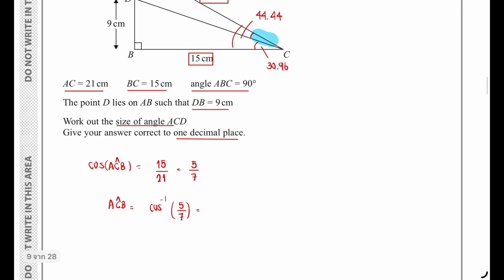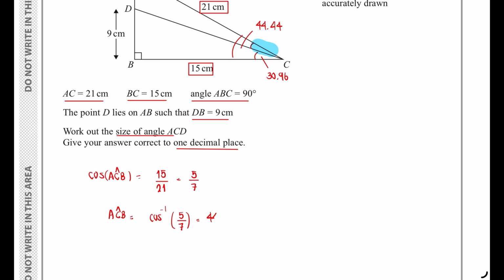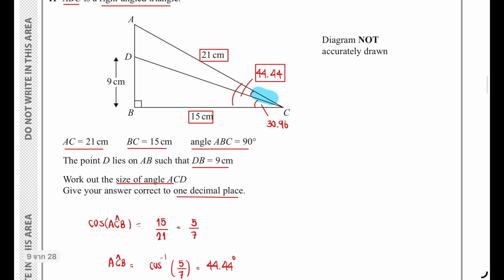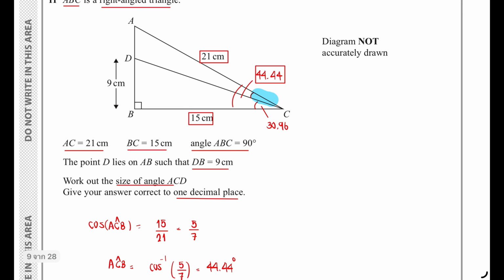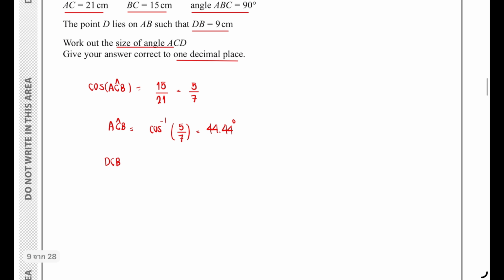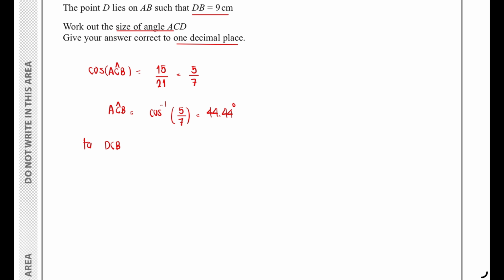So it is equal to 44.44 degrees. I already wrote it here. And then I will find the angle DCB. In case of DCB, we know the adjacent and we know the opposite, so we can use tan in order to find the angle DCB.